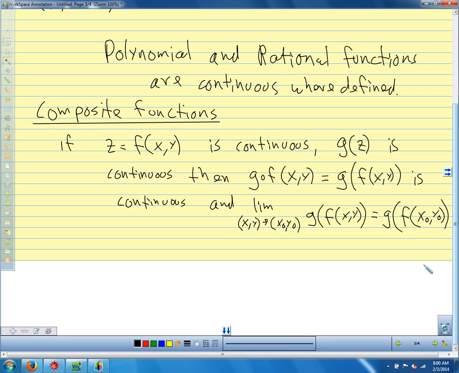Important thing to remember here is that f of x, y is a multivariable function, and g is a single variable function, because I get just a single number out of f of x, y.